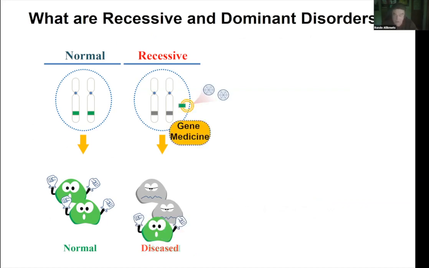Now this you can treat very nicely with gene therapy, and this is what I would suggest to be the best treatment for Stargardt's. You just add a functional gene. You don't have to do anything too crazy or too complicated. Usually the gene is delivered in viral vectors, like viral particles. There are several of them. I may touch a little bit upon it.